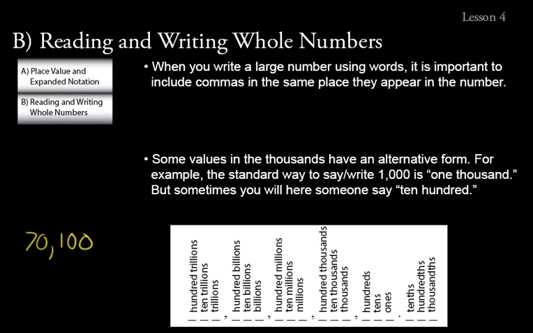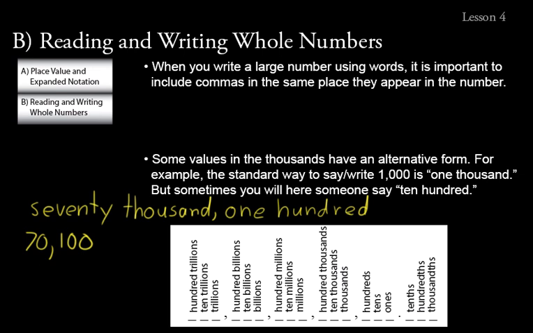We'd just say 70,100. Like this. There's a comma here, separating the 70,000 thousands places from the last three places. We put a comma here when we write it. So either way, we put a comma in the same location. Notice that, whether we're writing it with words or with digits.